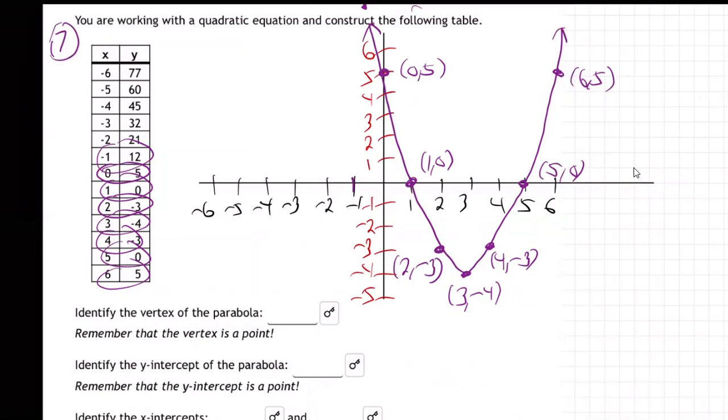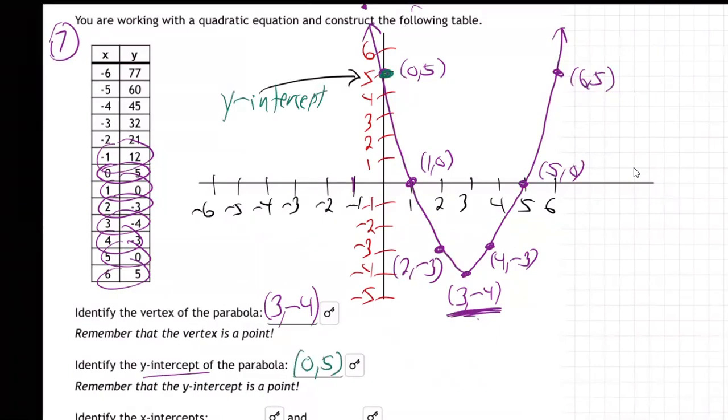So do you see how we can tell the vertex is right here? This is the vertex, isn't it? If you just graph those points, pretty easy to tell. And then what's the y-intercept? Well, where does it hit the y-axis? Right there. That is the y-intercept point, which is over 0, up 5.